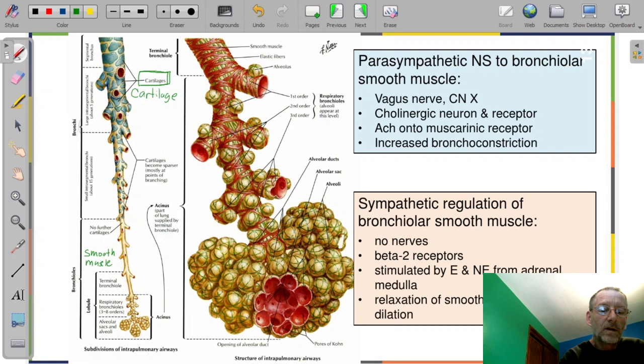No constriction at this level. They can't. The cartilage is holding the airways open. They can be plugged with mucus if they become inflamed, but the bronchioles further down that are dominated by smooth muscle are able to constrict and dilate.